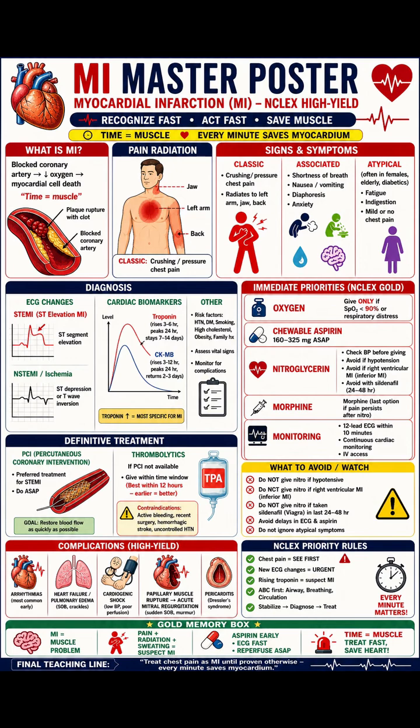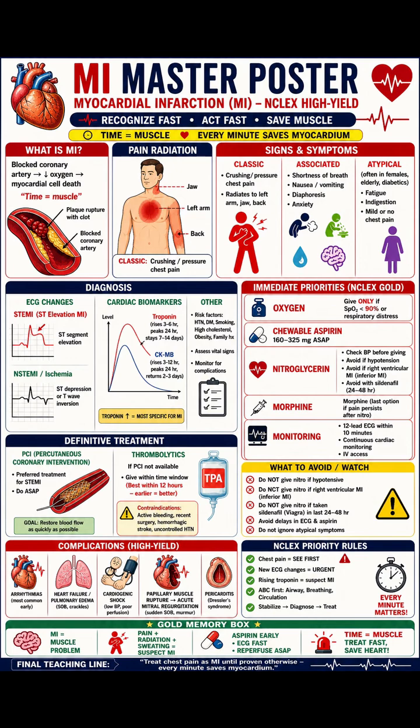Now let's recognize MI. The classic symptom related to MI is crushing or pressure chest pain. The patient will feel like a hard pressure on the chest. And very important, the pain is related to the left arm, jaw and back. Also, you may find some associated symptoms such as shortness of breath, nausea, vomiting, diaphoresis, and the patient may become more anxious.